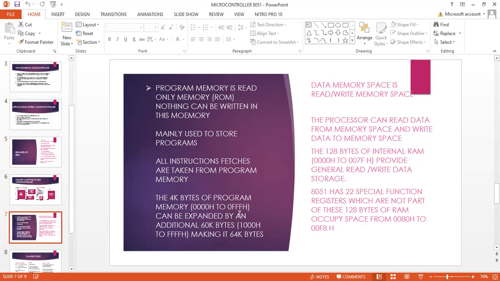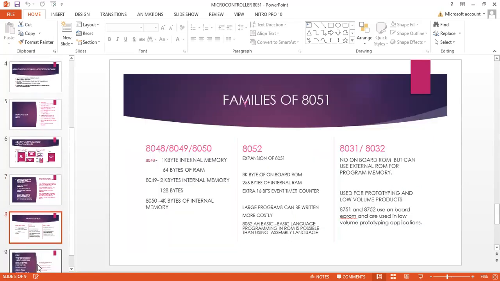Then it has 22 special function registers. They hold the addresses from 80H to F8H, and from F9H to FFFFH, we can use the external RAM. Okay, so that is what you can write about the data memory.